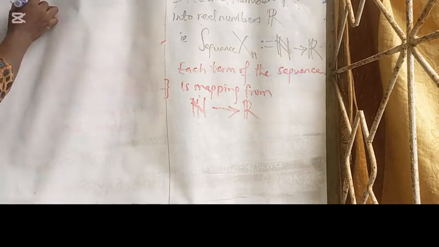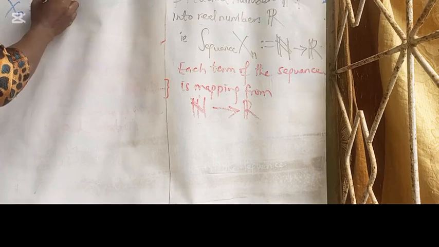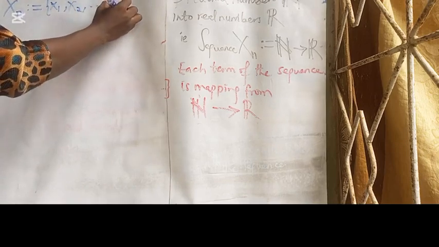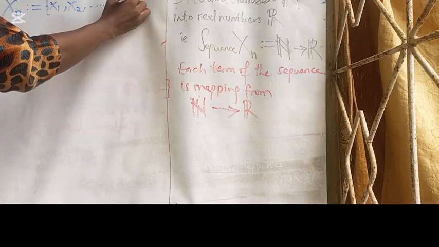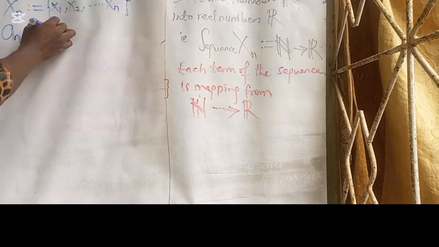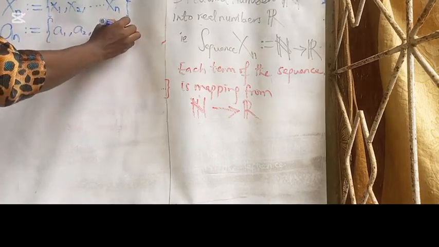My Xn can be defined as the set of elements x1, x2, down to Xn, or my sequence An can be defined as A1, A2, down to An.